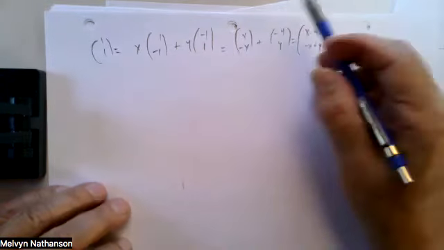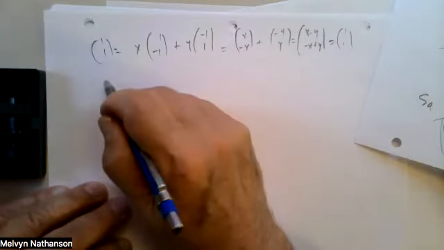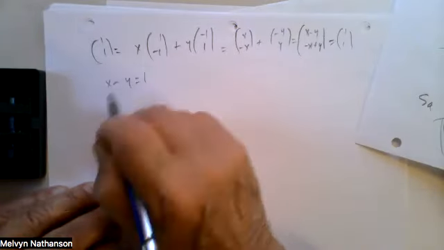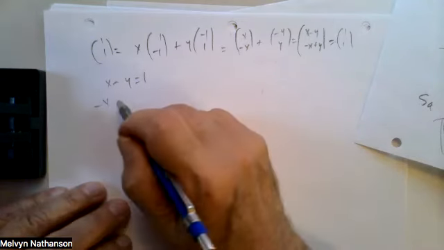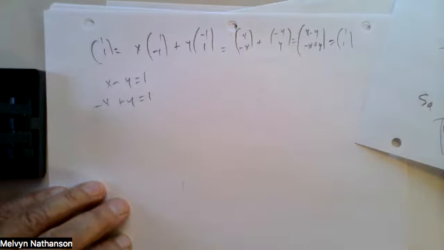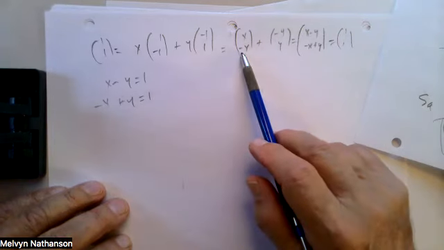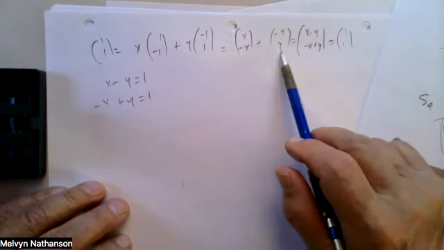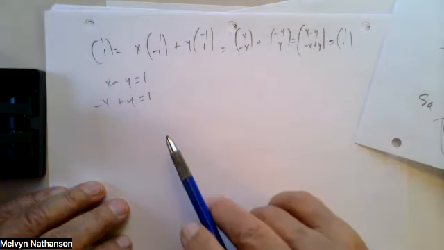So you want to find x and y such that this equals (1, 1). So you're solving the equations x - y = 1, -x + y = 1. Let me just double check.